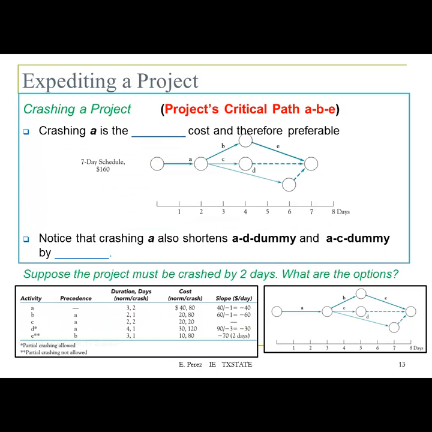So crashing A is the lowest cost and therefore is the preferred option. If we cut that by 1 day, now we have a 7-day schedule and it's going to cost us $160. You see now that the network will go from 8 days to 7 days.